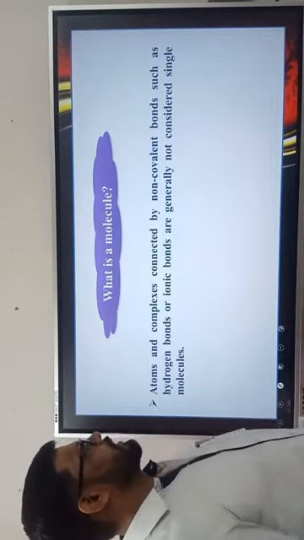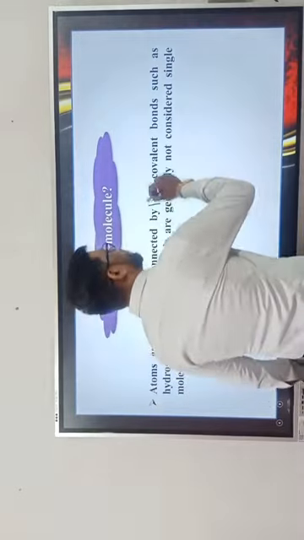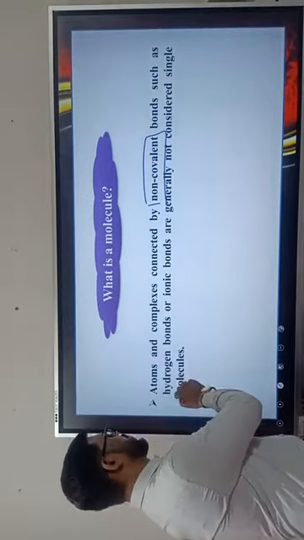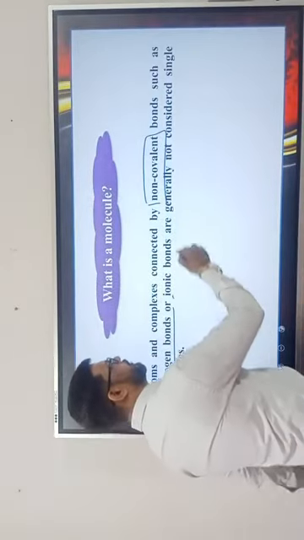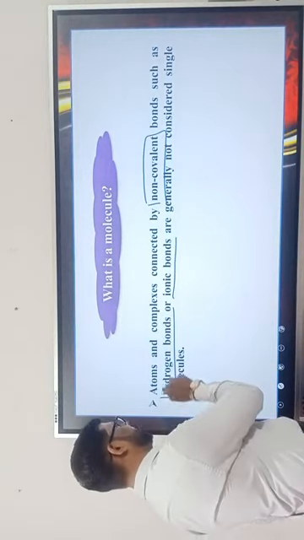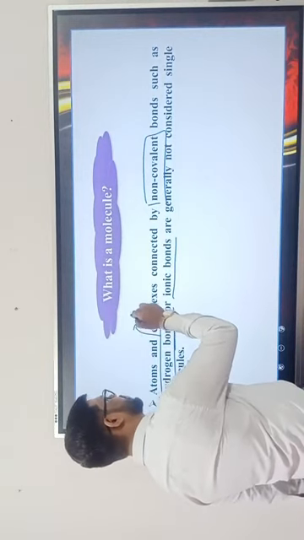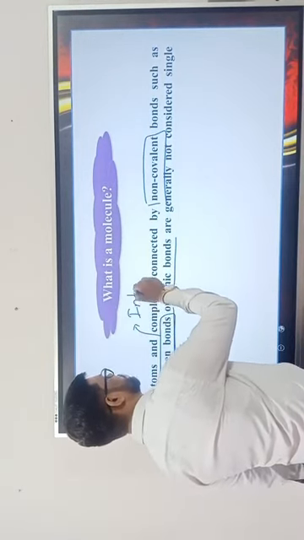Atoms in a complex are connected by non-covalent bonds such as hydrogen bond or ionic bond. Hydrogen bond we generally study in intermolecular forces of attraction.